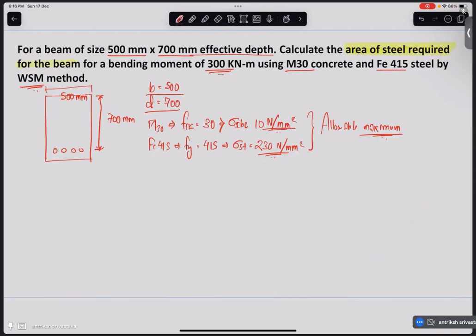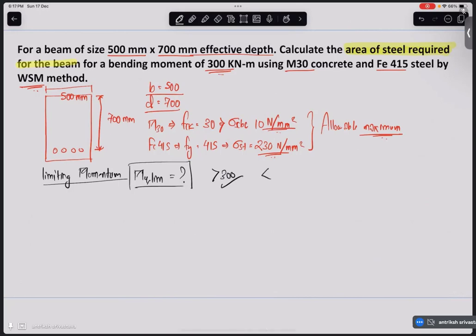So first, let us check whether the balance moment or the limiting moment, let us call it as limiting moment, MU limiting, what is the value of that? Whether it is greater than this 300, then we can easily provide an under reinforced beam and get away with it.